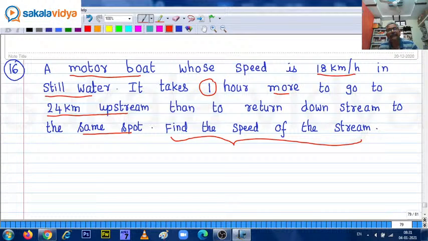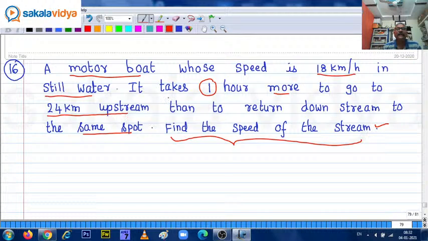Voddi Bunny, welcome. So now first, how to solve this problem: our aim is to find out the speed of the stream. So let us assume that the speed of the stream be x. Then the speed of the boat going upstream is, in addition to 18, we need to subtract x, 18 minus x. Along with the stream, downstream, the speed of the boat becomes 18 plus x.